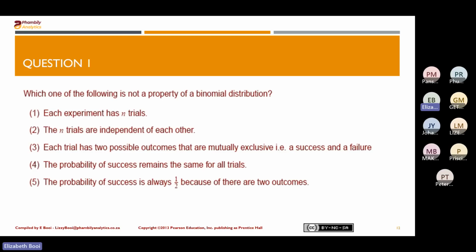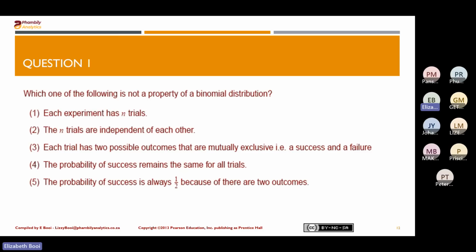Which one of the following statements is not a property of a binomial distribution? 1, each experiment has n trials. 2, the n trials are independent of each other. 3, each trial has two possible outcomes that are mutually exclusive, which is a success or a failure. 4, the probability of success remains the same for all trials. 5, the probability of success is always 0.5 or 1/2, because there are two outcomes.